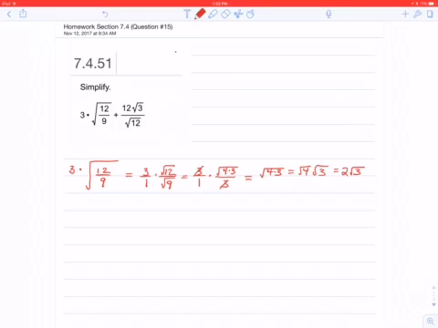Now for the second radical expression. I'm going to simplify the square root of 12 that's in the denominator. So the square root of 12 I can break down into the square root of 4 times 3.